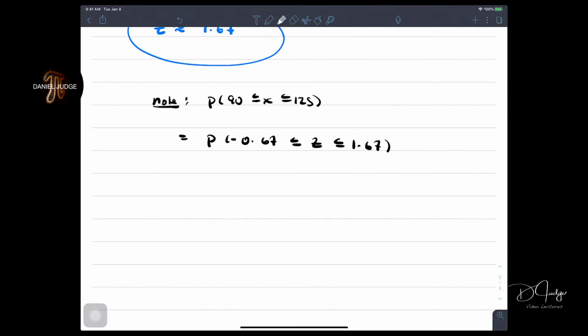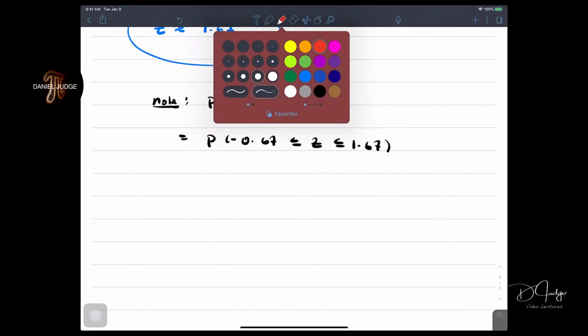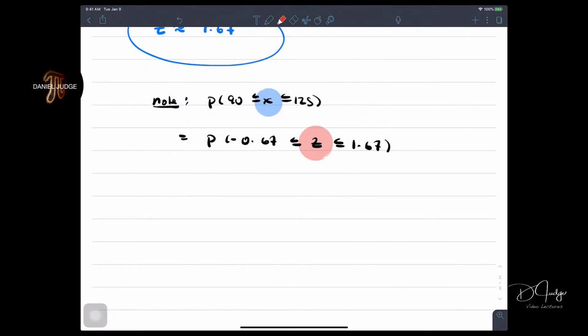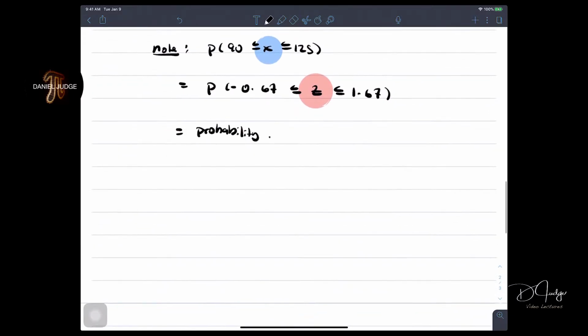But here we have an x value and here we have a z value. So we converted, and this here equals a probability. But if they ask percent, you just move the decimal. Okay, so for percents, we just move the decimal.